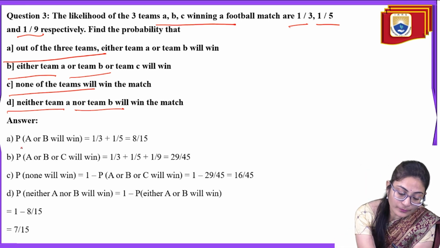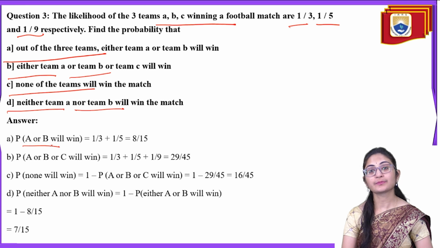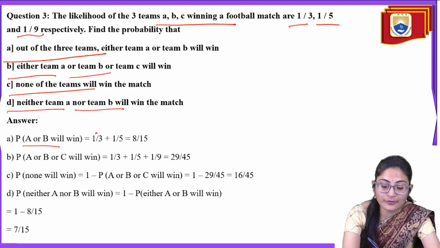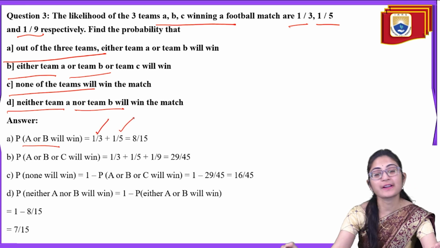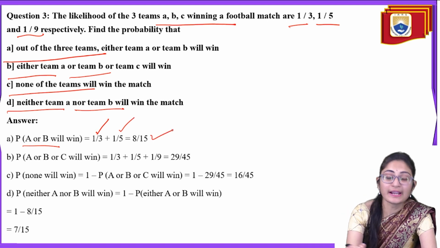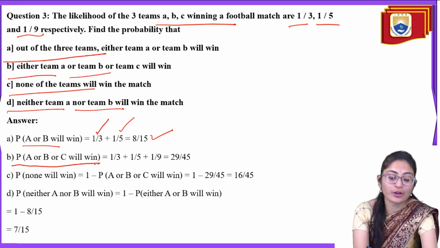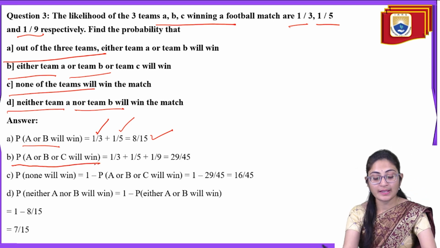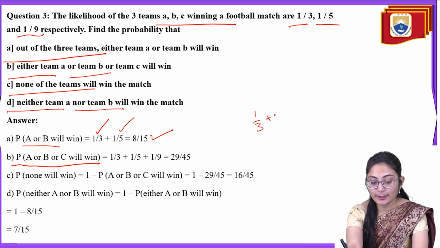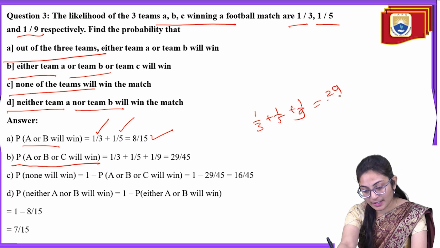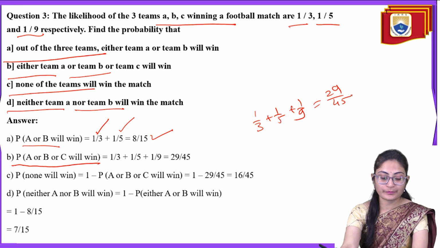Now probability of A or B will win: that is 1 by 3 plus 1 by 5, which comes to 8 by 15. Second, probability of A or B or C will win: that is 1 by 3 plus 1 by 5 plus 1 by 9, which is 29 by 45.